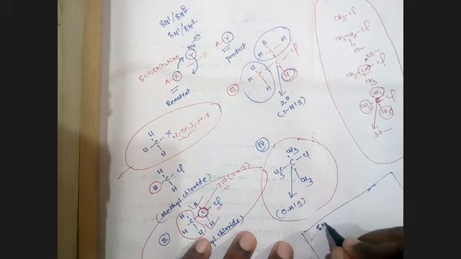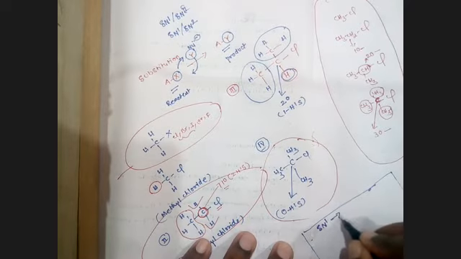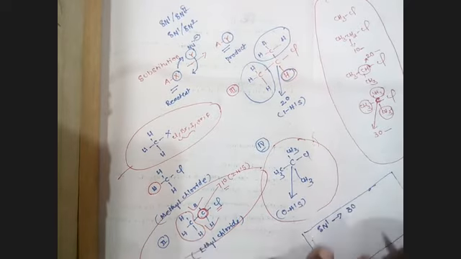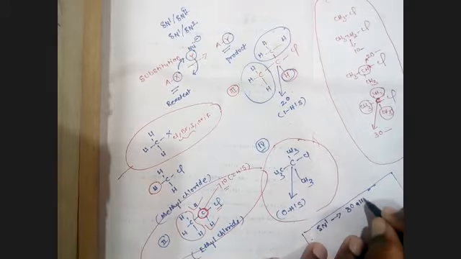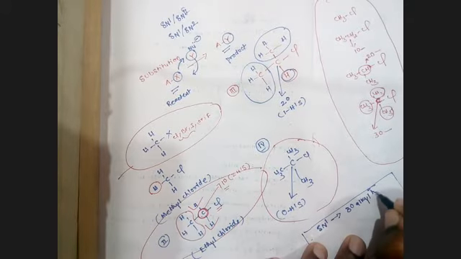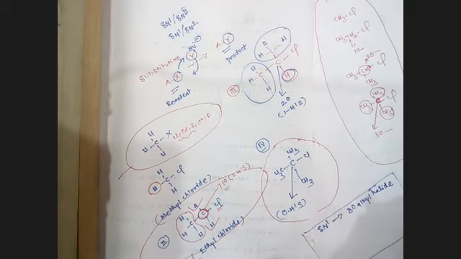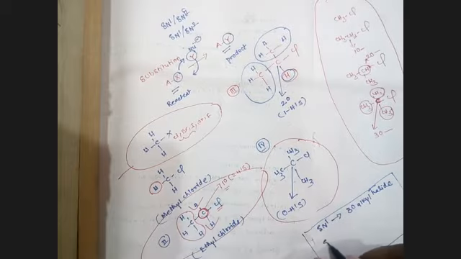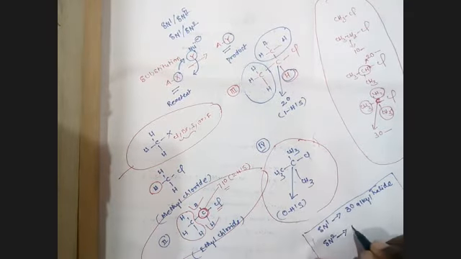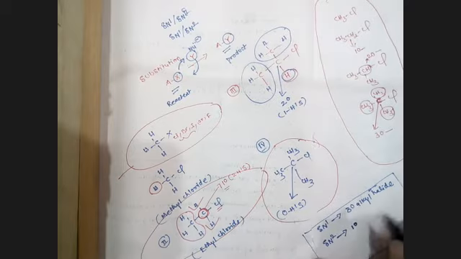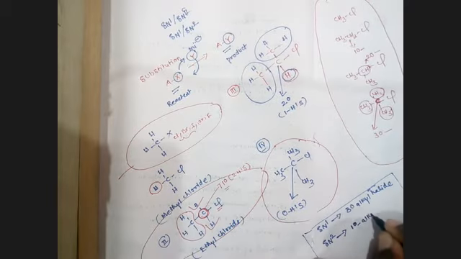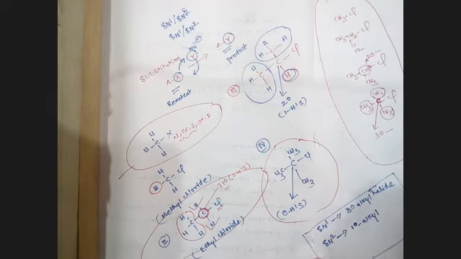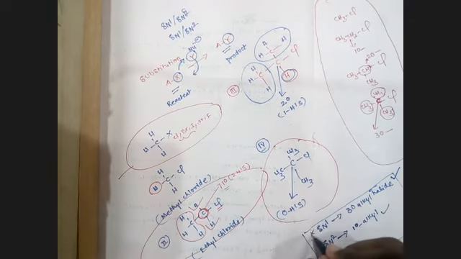An SN1 reaction is mostly for tertiary alkyl halides. An SN2 reaction is mostly for primary alkyl halides. I'm repeating: SN1 is tertiary, SN2 is primary. Just keep that in your mind.